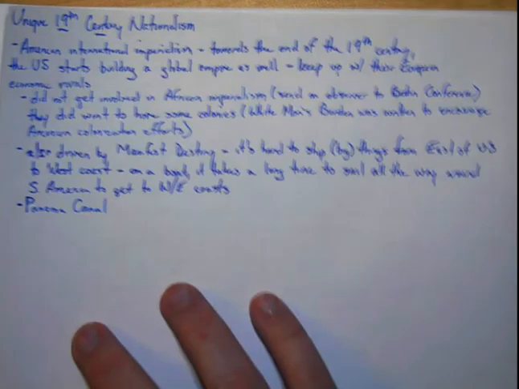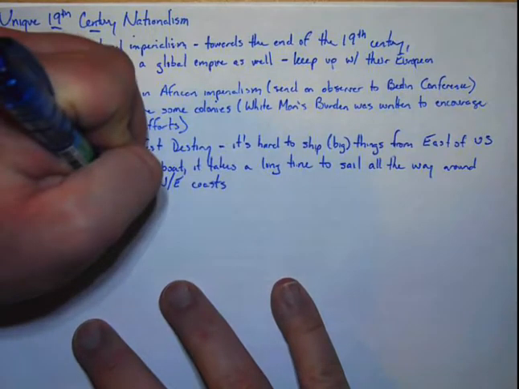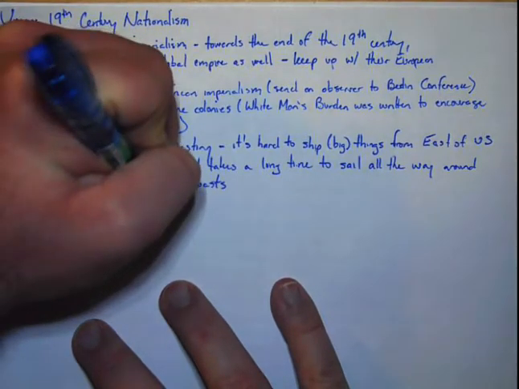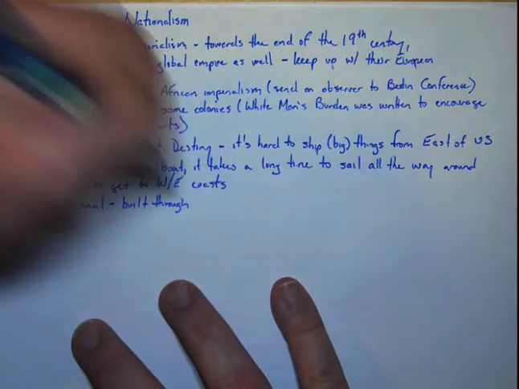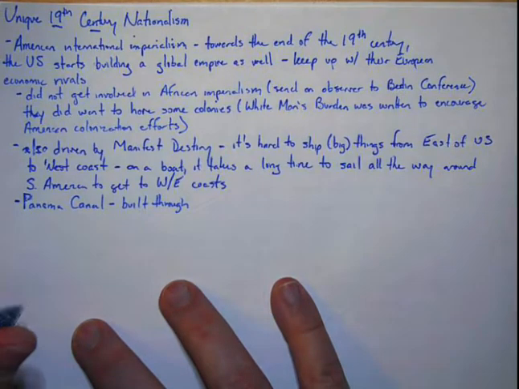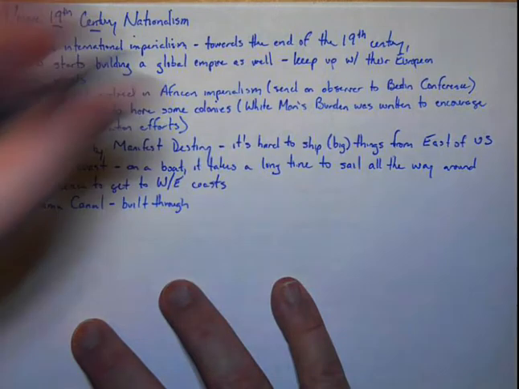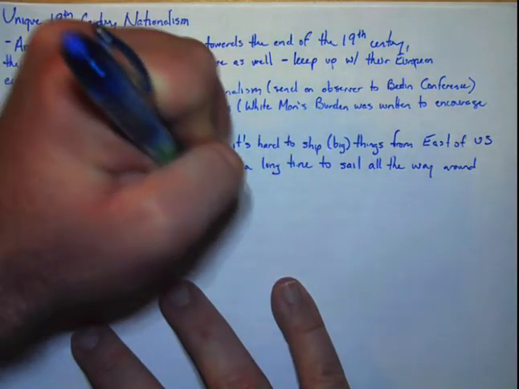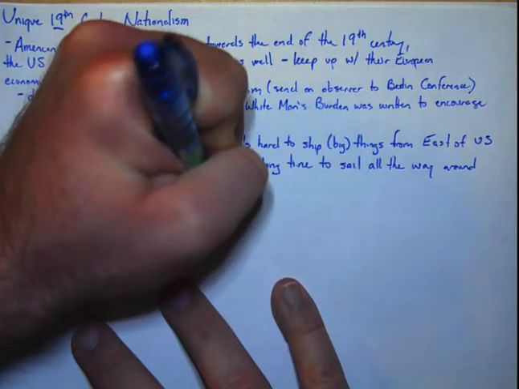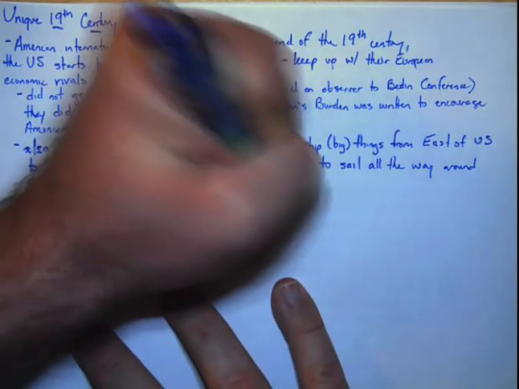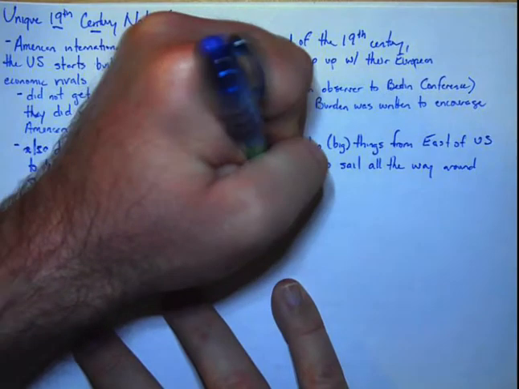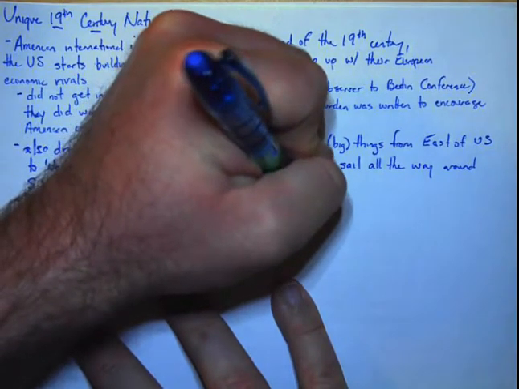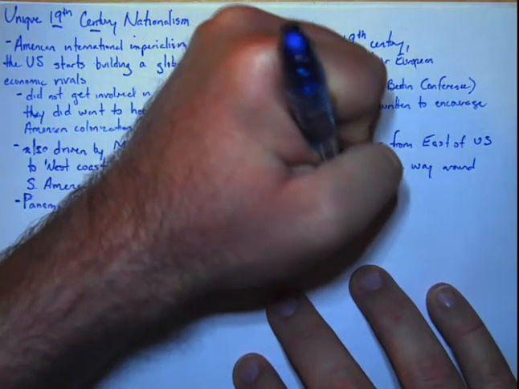So the Panama Canal was built through a piece of Colombia that was called Panama.